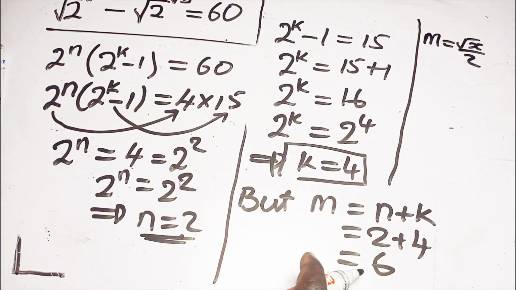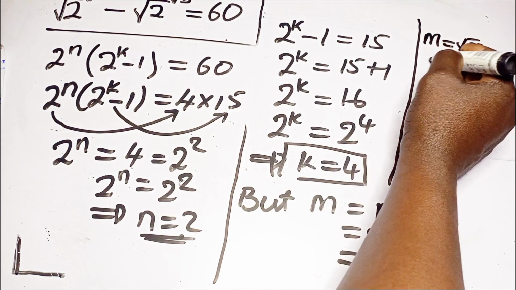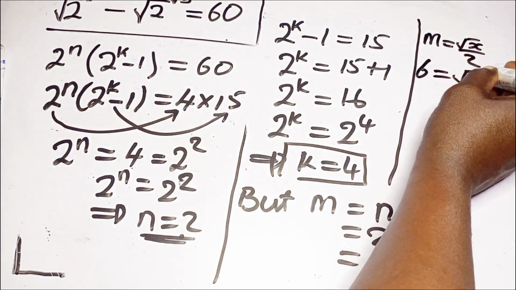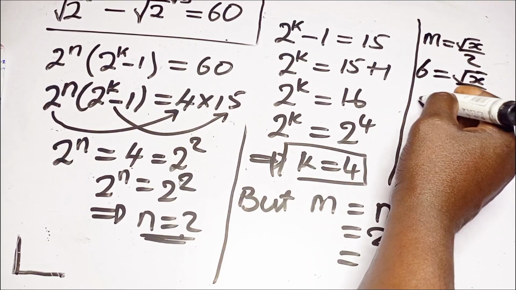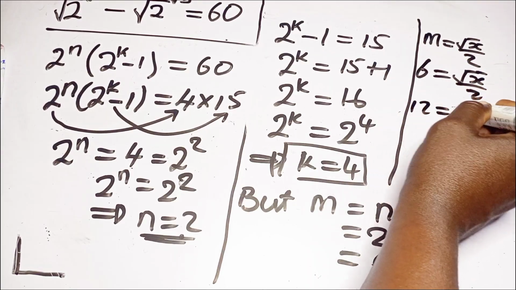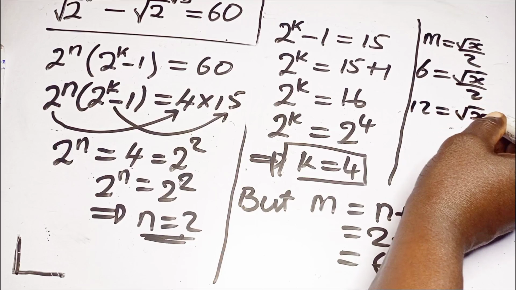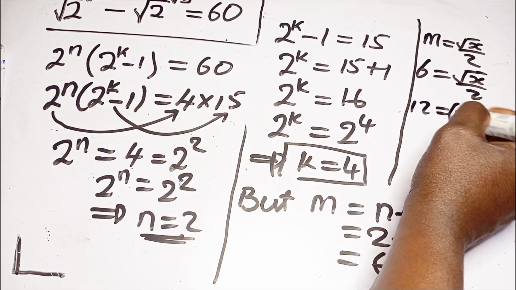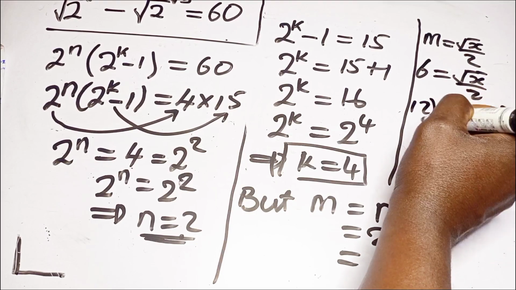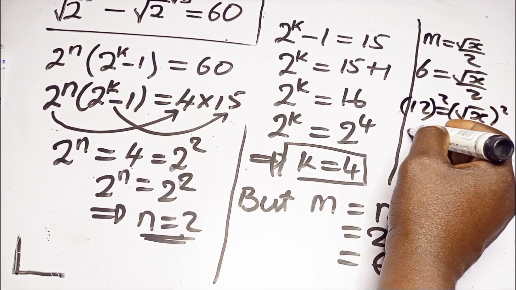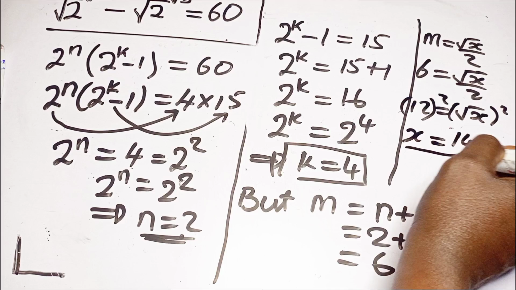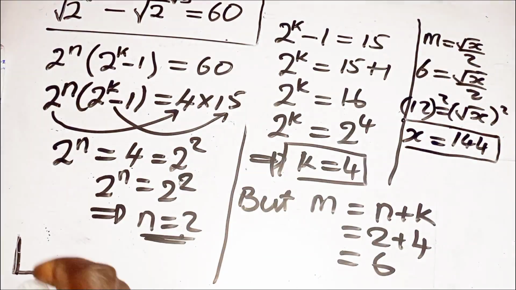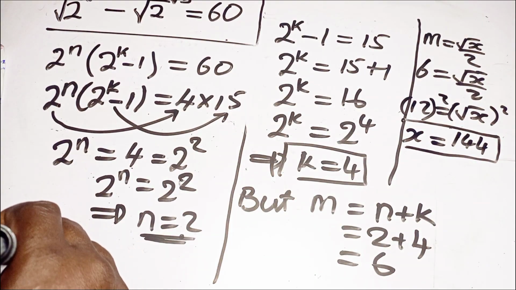And we just found that m is 6. So we'll put 6 is equal to root x all over 2. So when we cross multiply, we have 12 is equal to root x. To remove the square root sign, we square both sides. And so we're going to have x is equal to 144. So the value of x is 144.